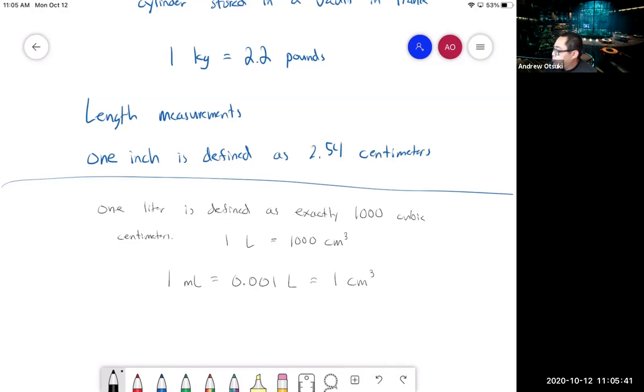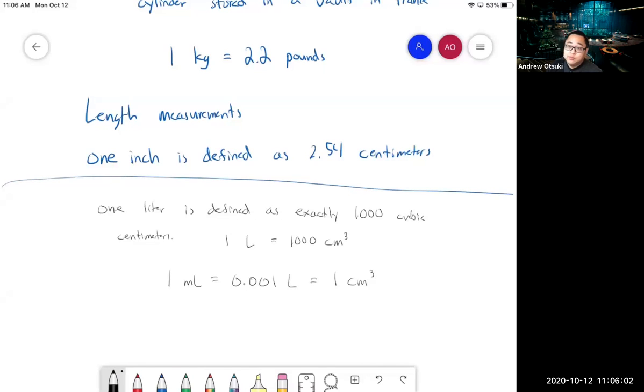Okay, so when we're talking about the metric units, when we use metric units, when we're doing those exercises before, these metric units will be very helpful in doing dimensional analysis.